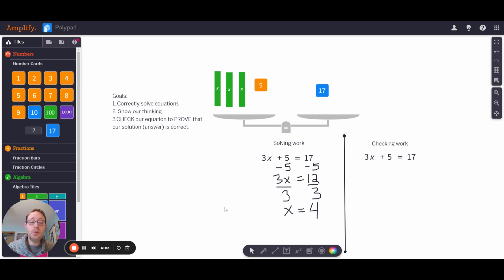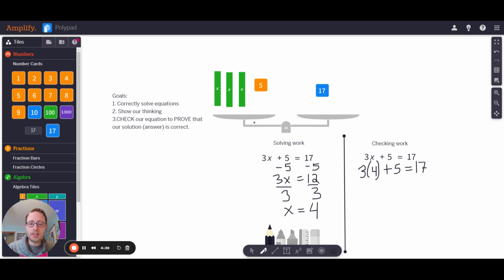So I'm going to replace all of the x's with 4. And that looks like this. Over here, remember this means 3 times 4. So I'm going to use my parentheses to stand for multiplication. And that is all I am doing. I am replacing x with the 4 that I think is going to make it true. I've done the work. Okay.